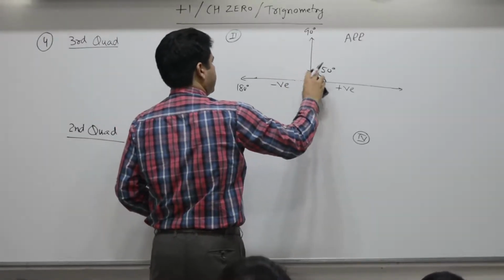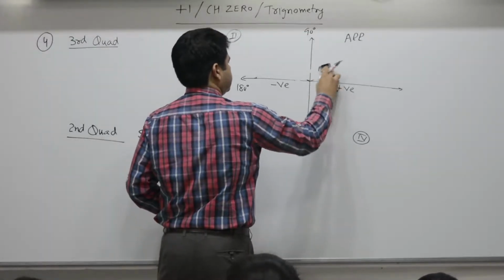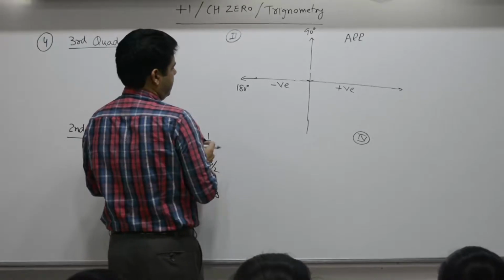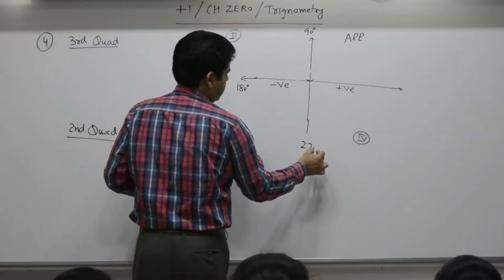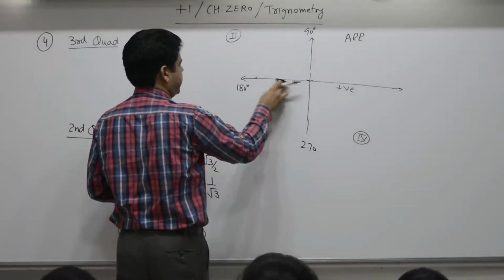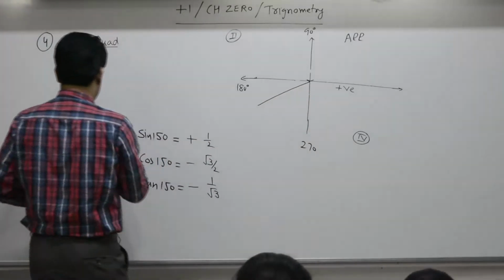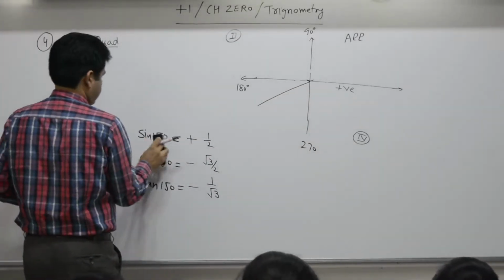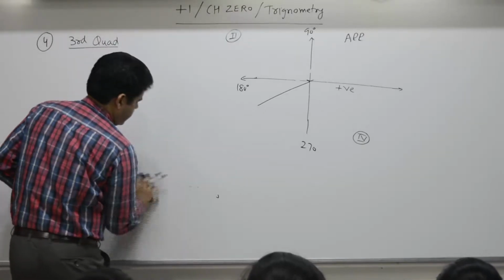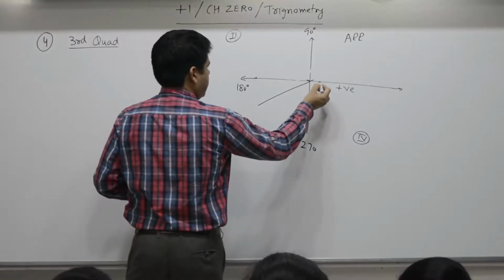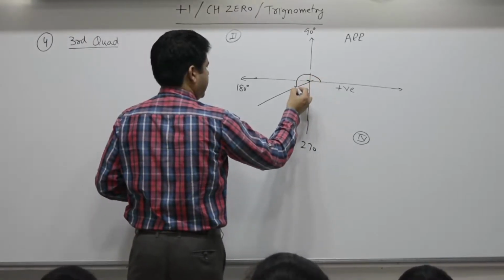Third quadrant means the angle lies between 180 and 270. Let this value be 210.